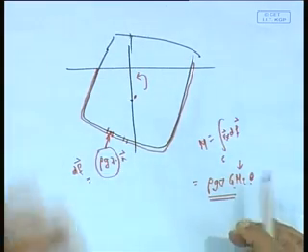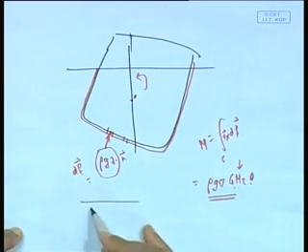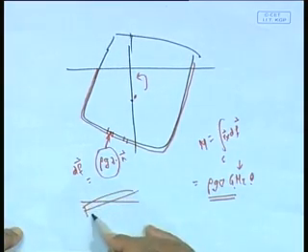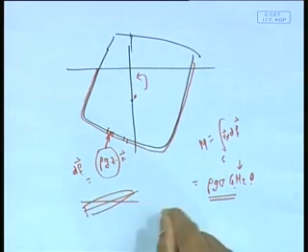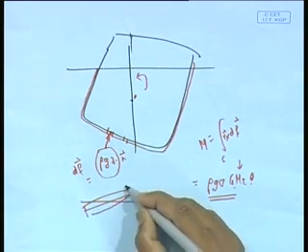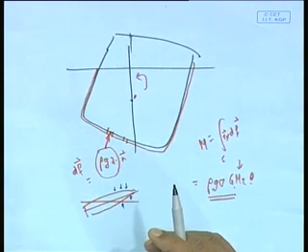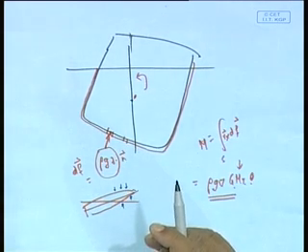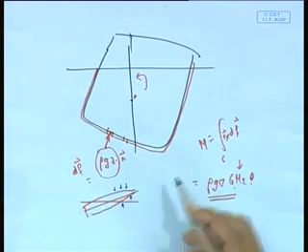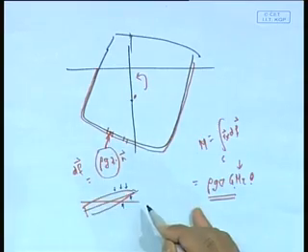Here the same concept we have to use, because my ship has now become like that. The difference is that the pressure acting on the hull is now dynamic pressure, not hydrostatic pressure, because of the flow around it.